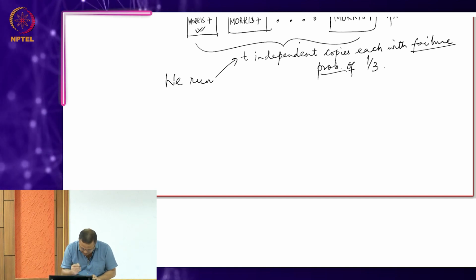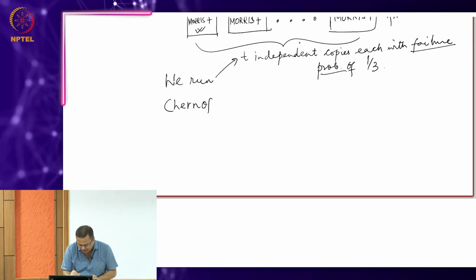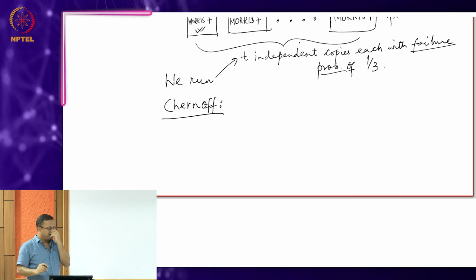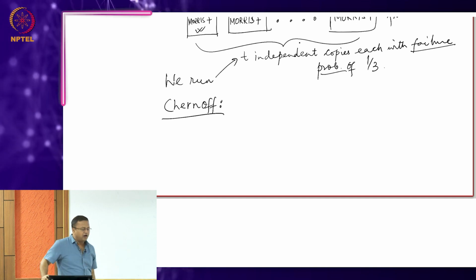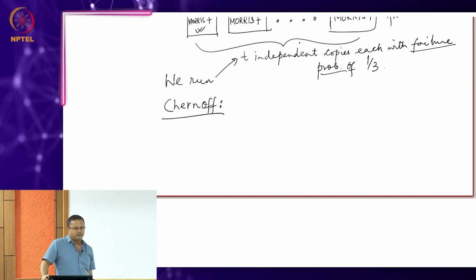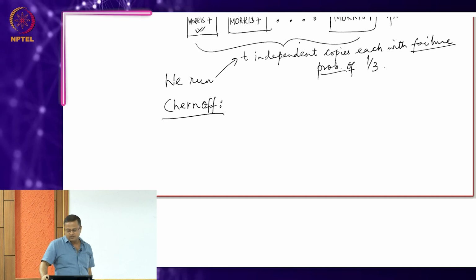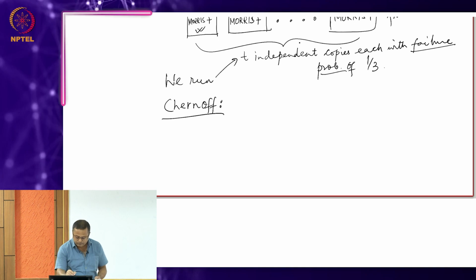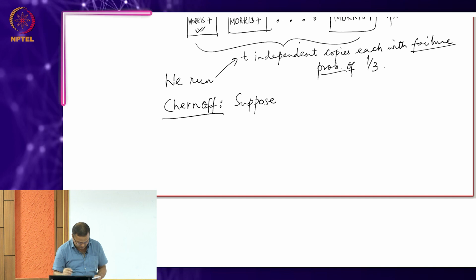Let me quickly give the particular Chernoff that we would be using. As I said when I was talking of Chernoff, there are different variants of the Chernoff bound. Which one you pick is a judicious choice that you have to make as a designer. The particular Chernoff I would use here is the following. Let me just give it to you because you have forgotten.